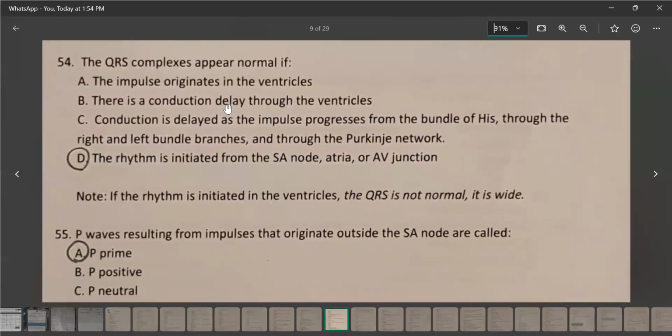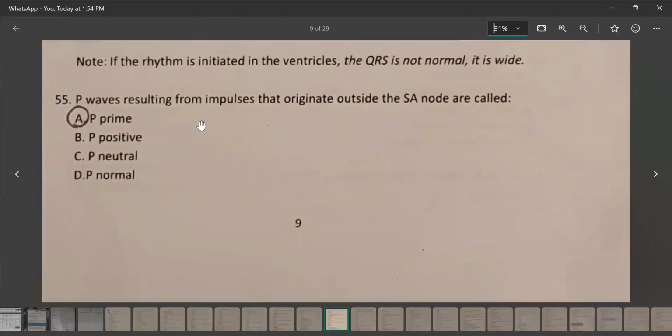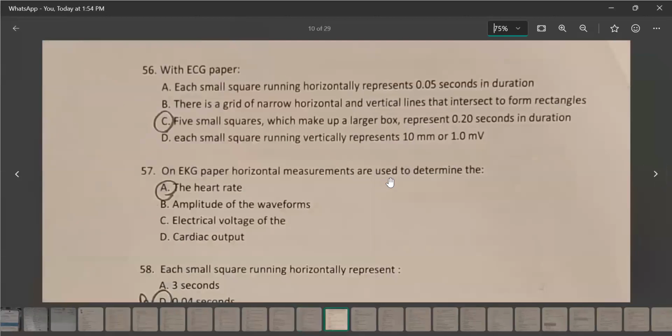The QRS complexes appear normal if the rhythm is initiated from the SA node, atria or AV junction. 55. P waves resulting from impulses that originate outside the SA node are called P prime.